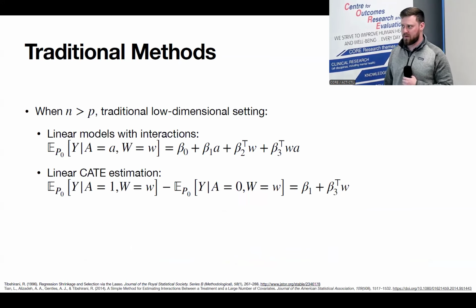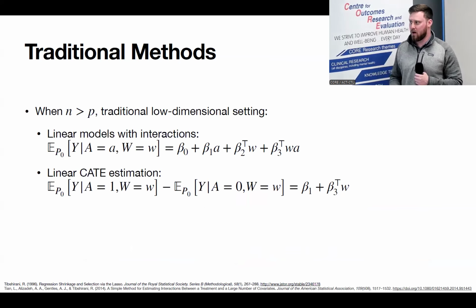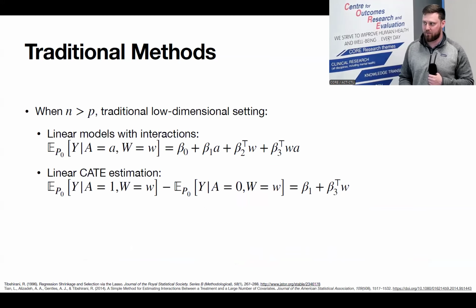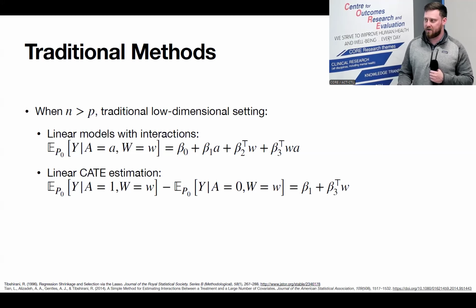And so in terms of traditional methods, that's actually a quite easy problem. We know that when n is larger than p, we could model these treatment effect modifiers using, for example, linear models. So this is nothing more than the predicted outcome given treatment assignment and our pretreatment covariates, modeled by an intercept term, a treatment effect coefficient, a prognostic score coefficient, and then an interaction term between our covariates and our treatment assignment.